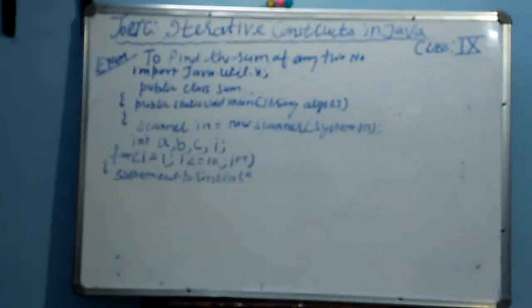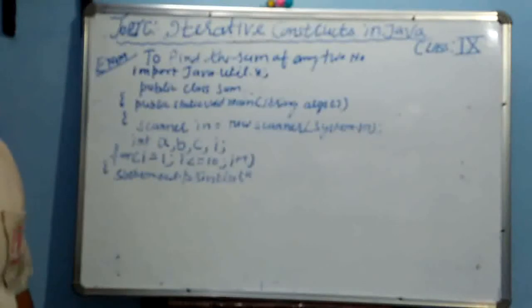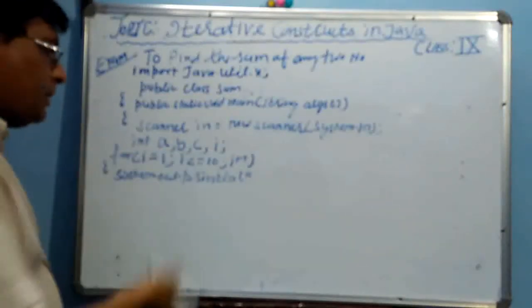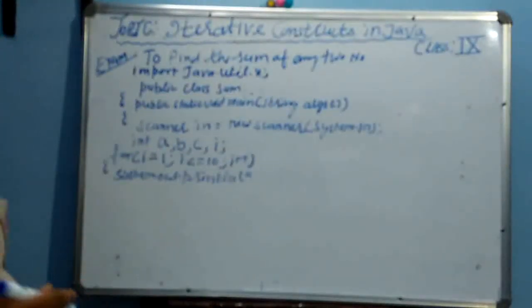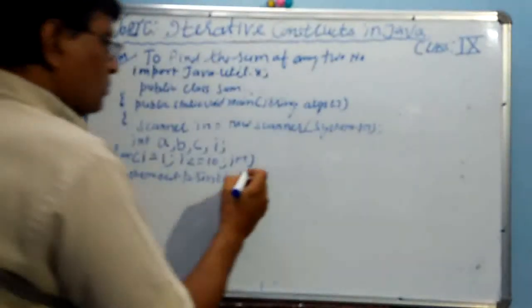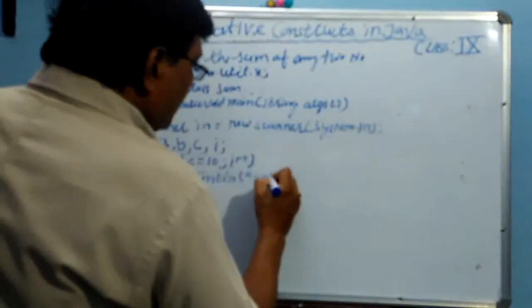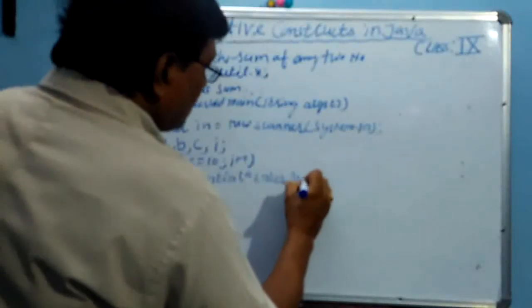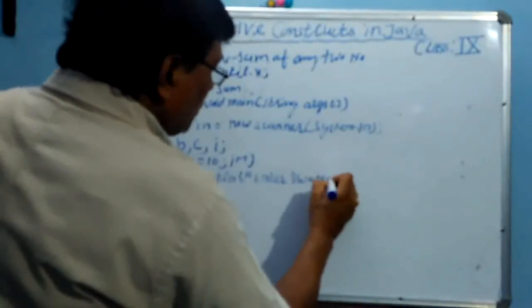In double quotes we can write any statement, for example, enter the value of a and b, or enter two numbers. Suppose you write here enter two numbers.